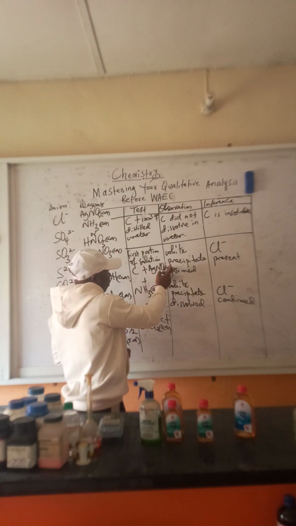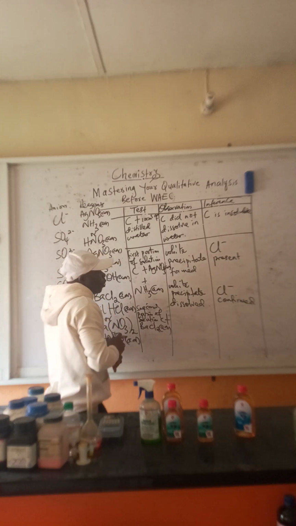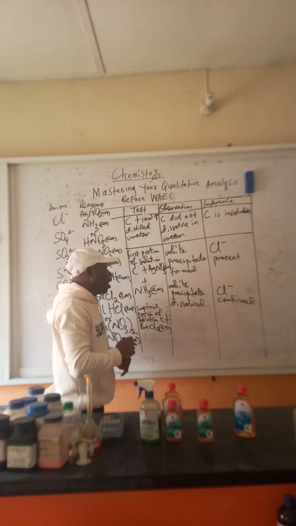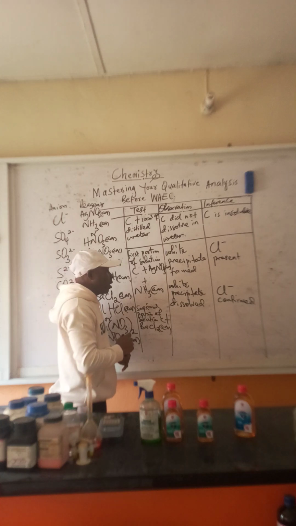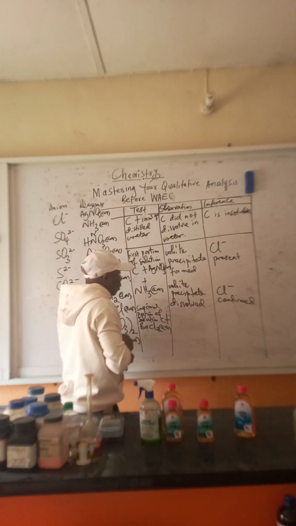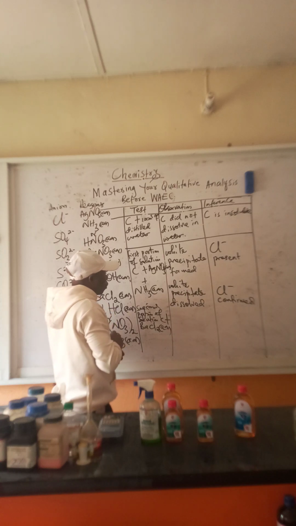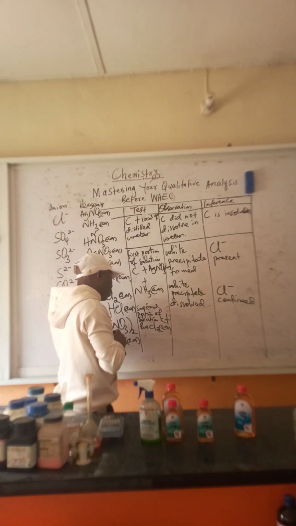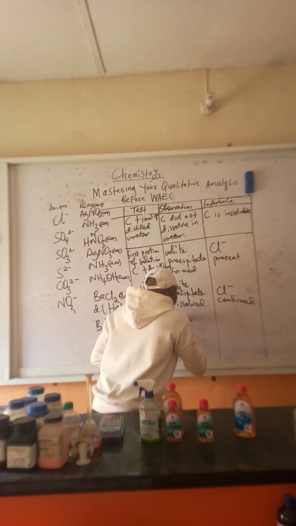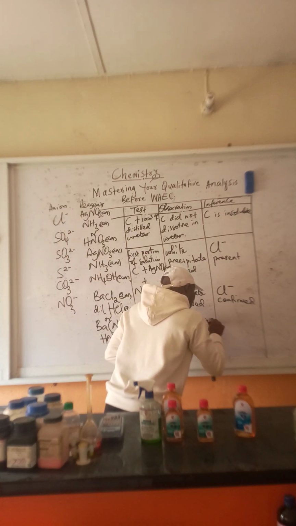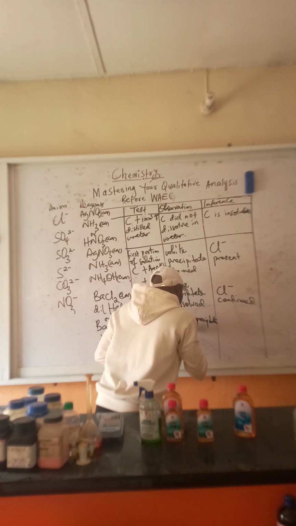If you forget to write this aqueous, you'll be judged on what is called TOS, test on solids, and you'll be deducted 4 marks from your scores. So the second portion of solution C plus barium chloride, you also observe white precipitate formed.